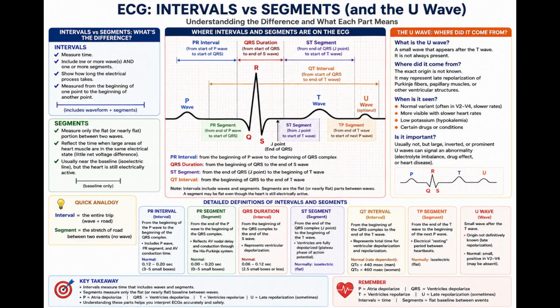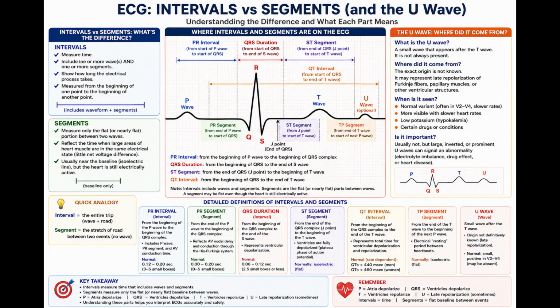A normal adult PR interval is approximately 0.12 to 0.20 seconds, which equals 3 to 5 small boxes on standard ECG paper. A prolonged PR interval may indicate delayed AV conduction, such as first-degree AV block. A shortened PR interval may occur when the impulse reaches the ventricles through an unusually rapid pathway.